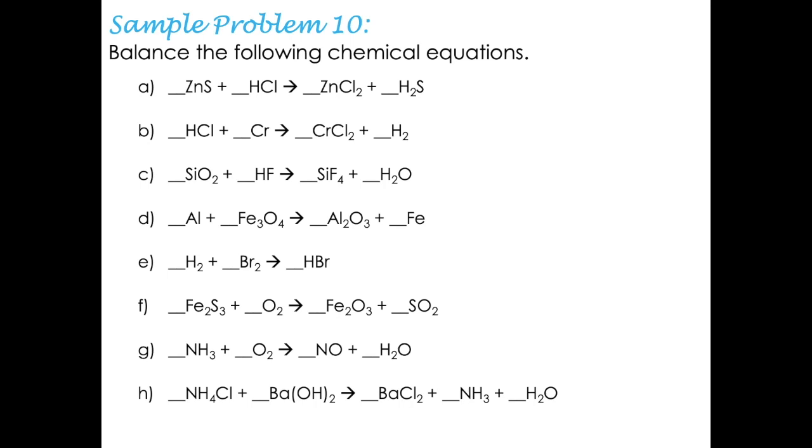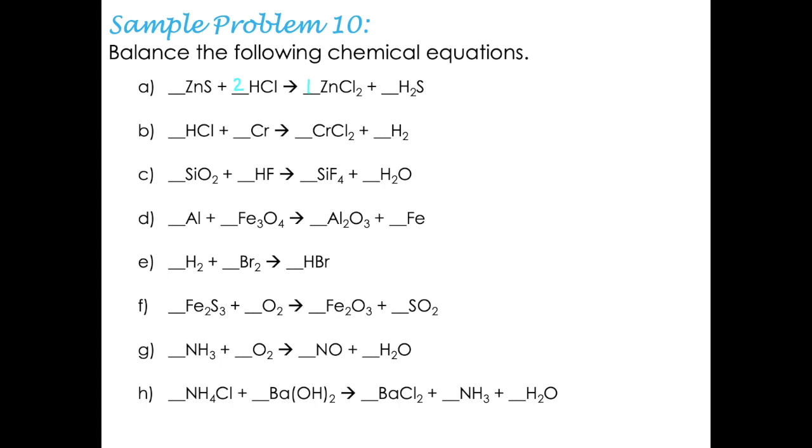So what I need to do is add a coefficient of 2 in front of HCl. So 2 hydrochloric acid molecules will produce 1 ZnCl2 molecule.